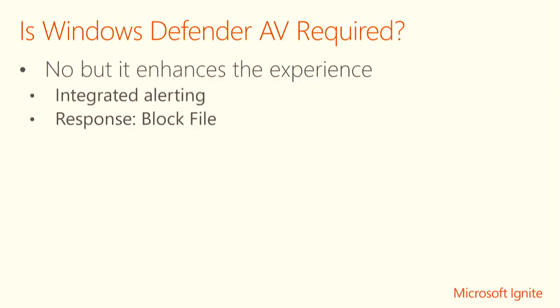Okay, so these are some of the things. I talked about integrated alerting, but also block files. If you have Defender AV turned on and you also have cloud protection or block it for site turned on, if you block it in the Defender ATP portal, it talks back up to the cloud for your block it for site cloud tenant, and it says, hey, don't let this run anywhere in my environment. And so whenever the next client goes to try to run it, it actually gets blocked.